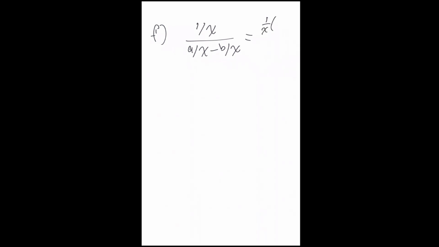So I have 1 over x times 1 over, and then I could take out the 1 over x here, like so. All right, if I multiply this out, 1 over x, that doesn't look like a 1 over x. Let me fix that. 1 over x. So if I multiply this back out, I have a over x minus b over x, which is exactly on the left side. Okay, so if you have something over something, you can just cancel them out. Okay, and you're left with 1 over a minus b, which is exactly what it's equal to.